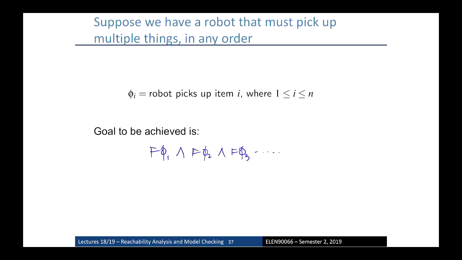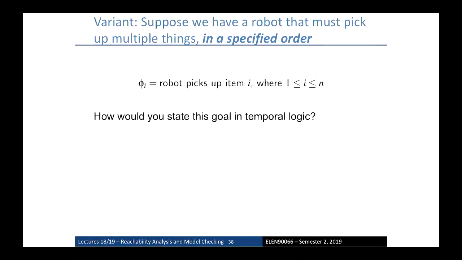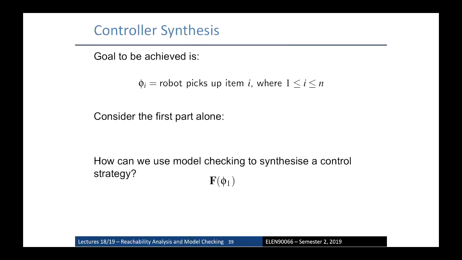What about if we added a bit more complexity to it? What if we wanted the robot now to visit those particular objects and pick them up in a specified order? Well, we can just apply some precedence and nest these LTL statements.